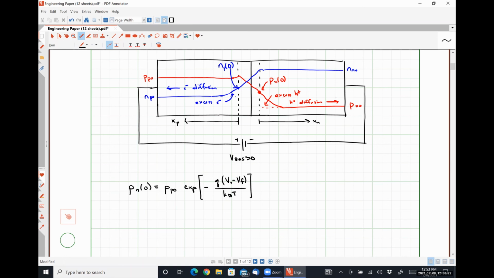So that's effectively just the barrier potential divided by the thermal voltage, okay?